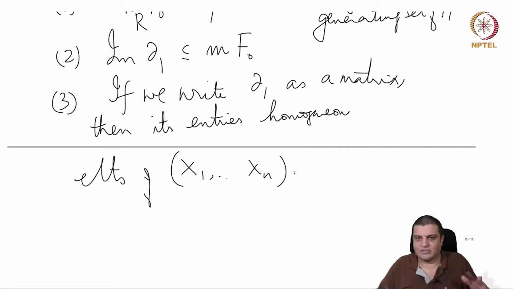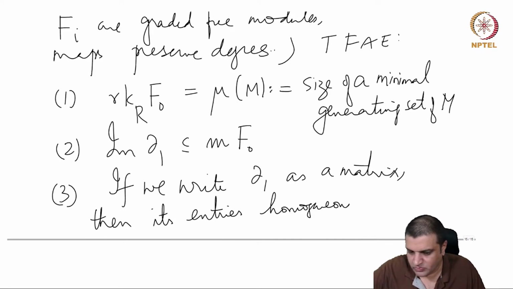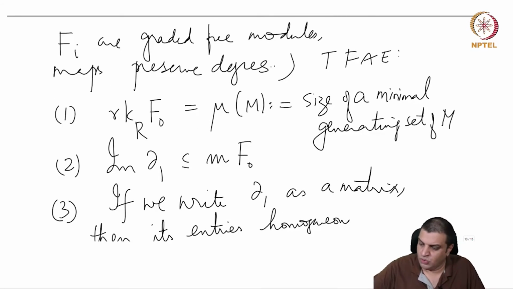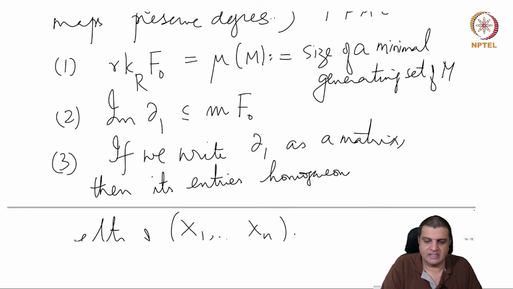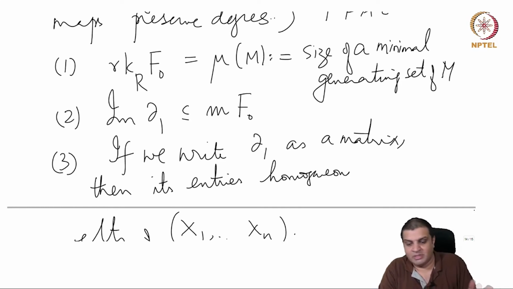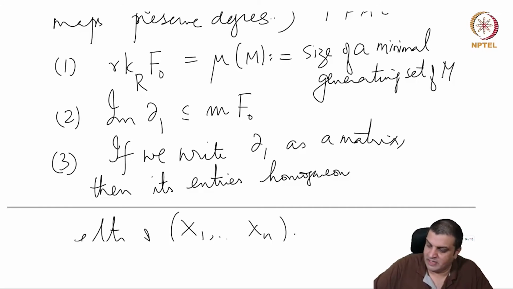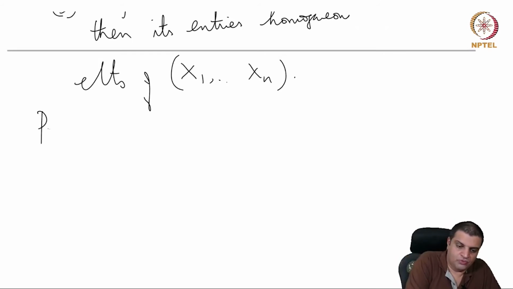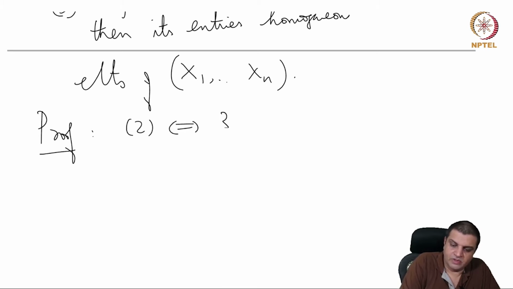In other words, it does not contain any units. So 2 if and only if 3 I leave as an exercise. It is just rewriting what it means to say that a map lands inside m times F0. So proof of 2 if and only if 3 is an exercise.